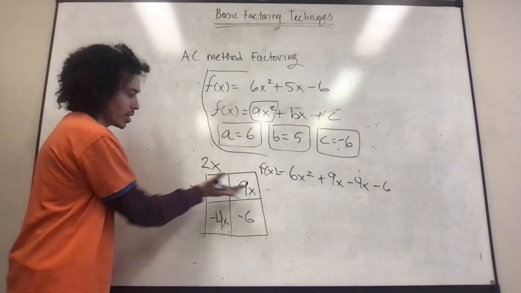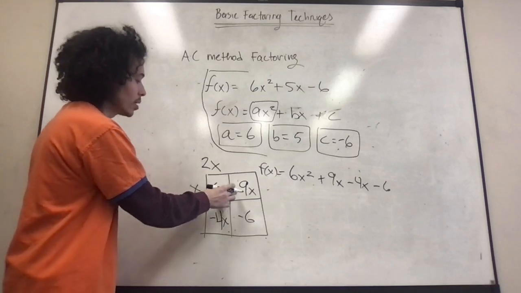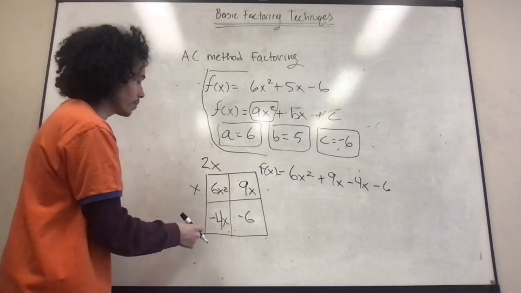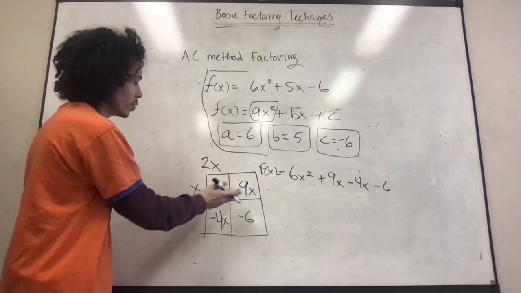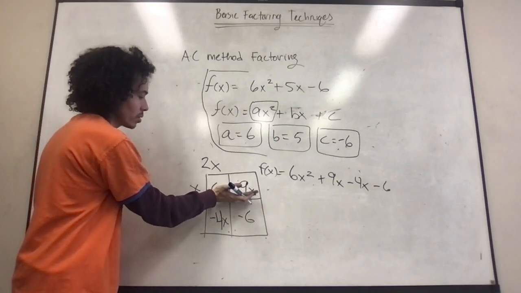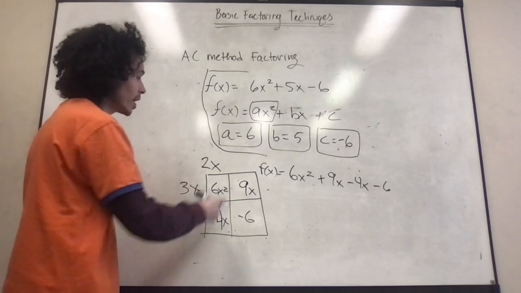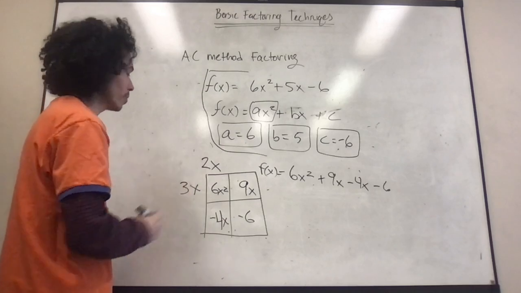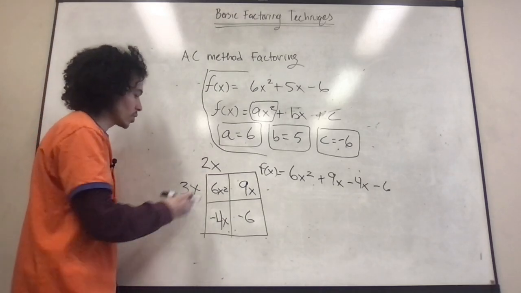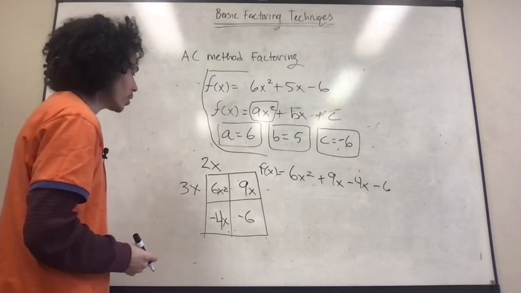And we can say that 3 is a factorable number between these two numbers, so we can say 3x. We can divide 9 by 3, we get 3. We can divide 6 by 3, we get 2. So we factor out 2x, and we factored out 3x.